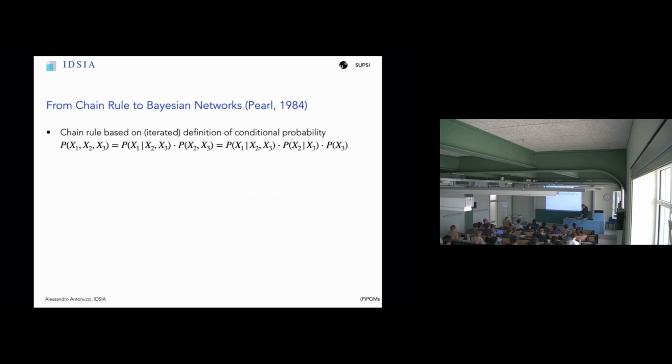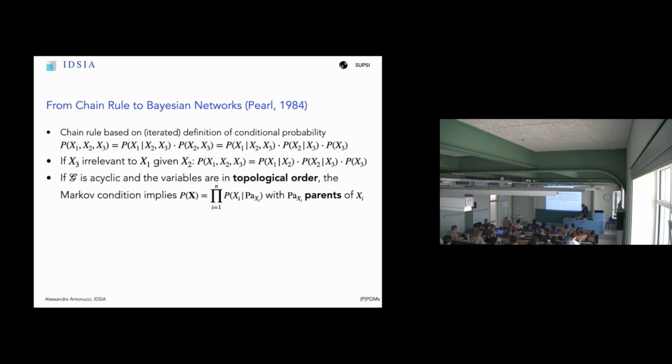If you are in topological order, you can just apply the chain rule iteratively, but then you can apply this kind of reduction. In this irrelevance, once you know the parents, all the other variables are predecessors, and so they become irrelevant.